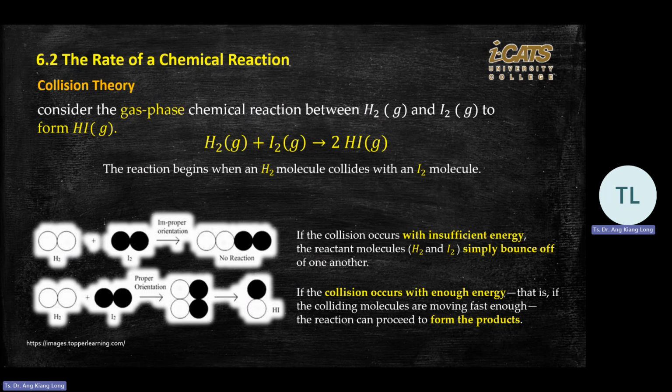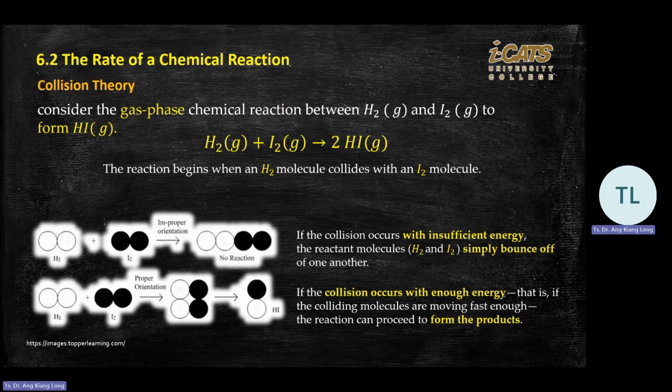One is a white color circle representing H2 plus I2 with the black color, two circles. First one, you tell the lecturer or the markers what happened if there's no reaction. No reaction means you will still see the two white, two black, means you are still seeing the H2 and I2.